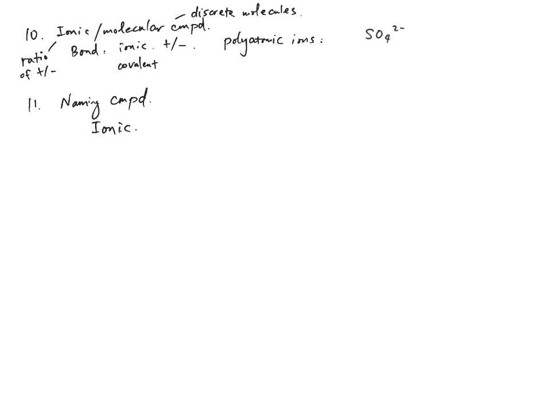For the monoatomic ones, like chloride, just use the root of your non-metal name plus -ide, or you can replace that with the polyatomic ion name. Sulfate, nitride, and so on and so forth.